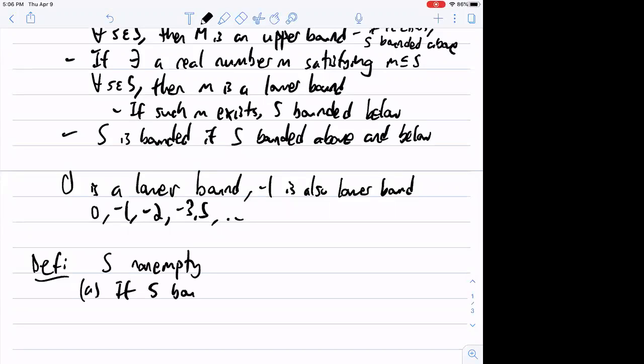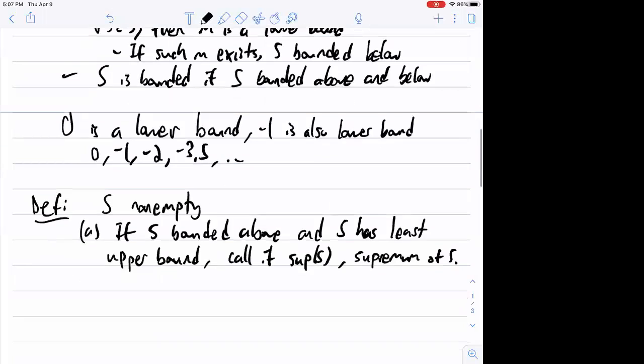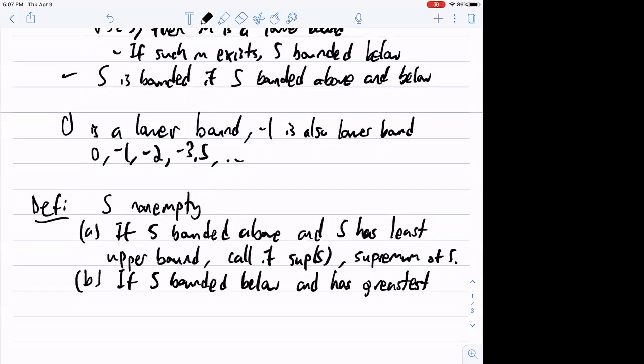If S is bounded above and S has a least upper bound, call it sup S, which stands for the supremum of S. And if S is bounded below and has a greatest lower bound, the biggest lower bound, call it inf of S, which stands for infimum.